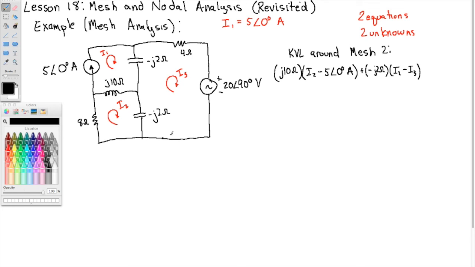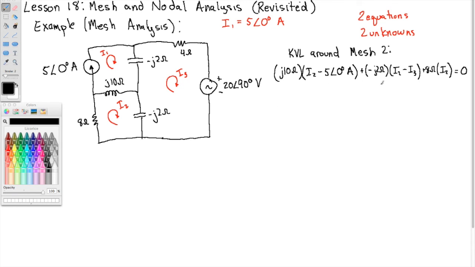Alright, that puts us down here, and I got to get back to where I started. So I have this 8 ohm resistor, good old resistor. So this is 8 ohms times, the only current that goes through that is I2. And then I'm back to where I started, so the sum of all of those voltage drops must be 0. That's KVL.